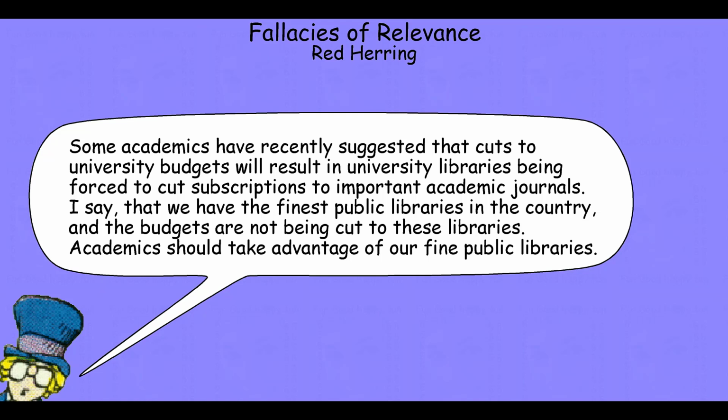of red herring. University libraries are academic research institutions. Their goal is to develop a repository of high-level research materials for the purposes of academic research at the university. Public libraries just aren't like that. Public libraries are funded by cities and counties, and their stated goal is to provide resources for the community.